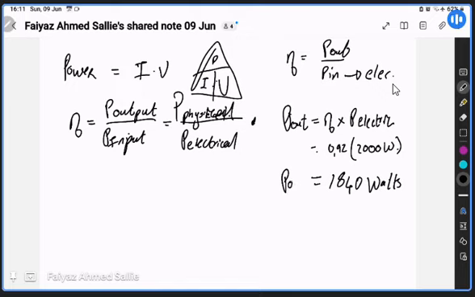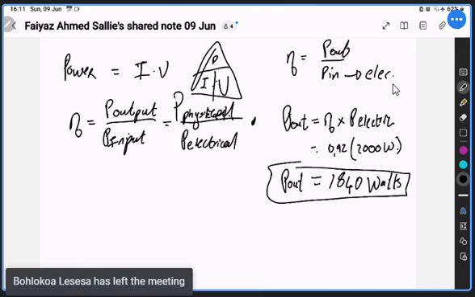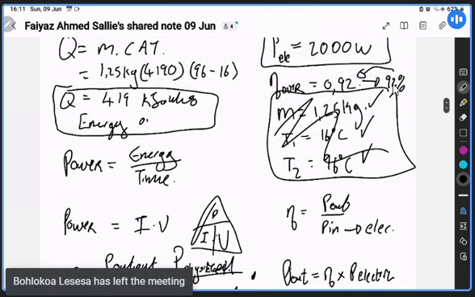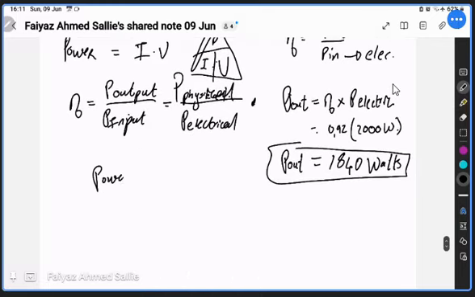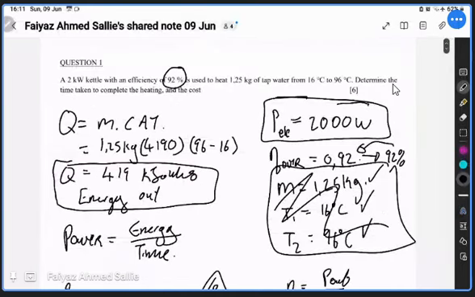So this is the power out, right? And over here is our energy out. And we know that power is equal to energy over time. So the question asks to determine the time taken to complete the heating.